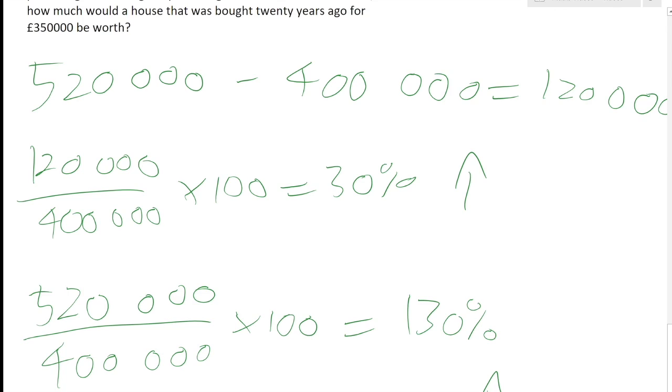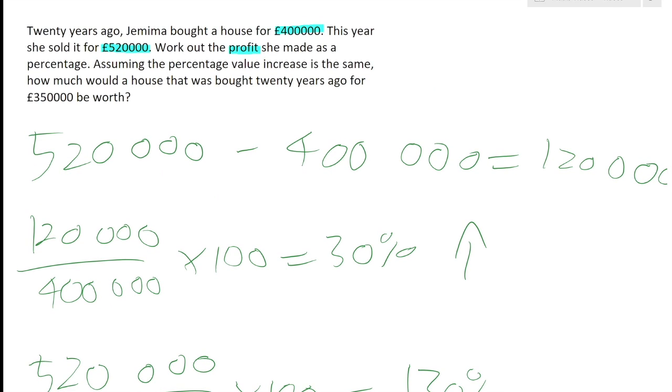Now, part 2. Got this lovely little phrase, assuming the percentage value increase is the same, which basically means using the value you've just found out. I'll come back to that. Oh, that was a horrible highlight, sorry.